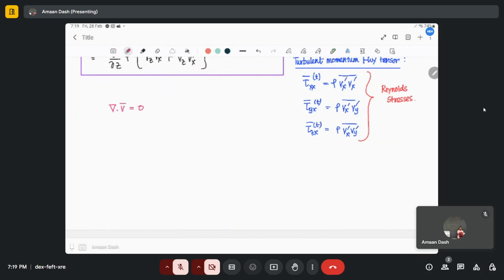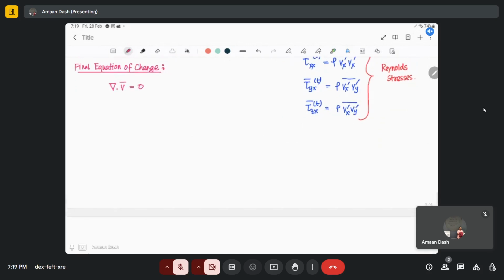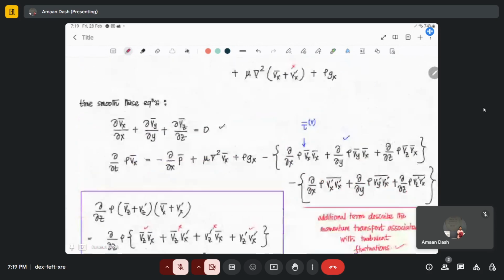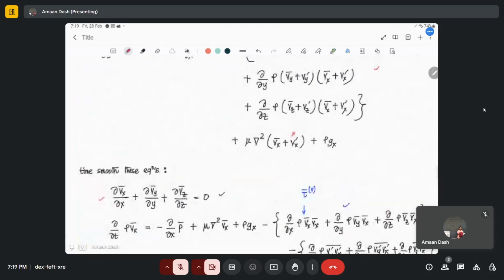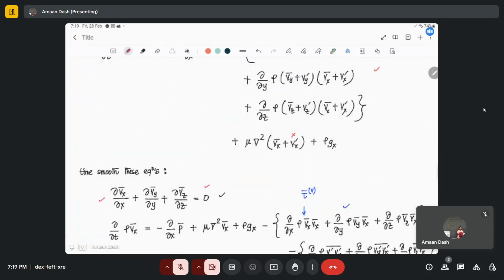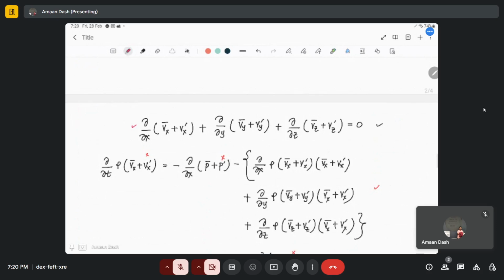Now if I subtract this term from here, we will be having all the fluctuating components as well.